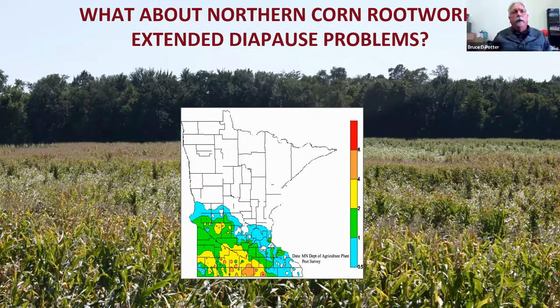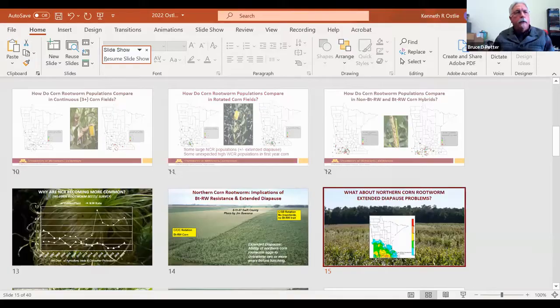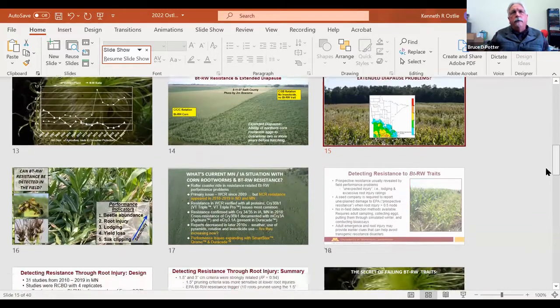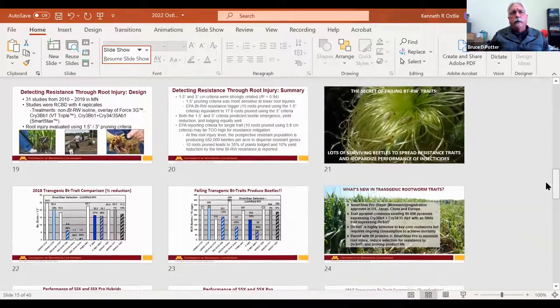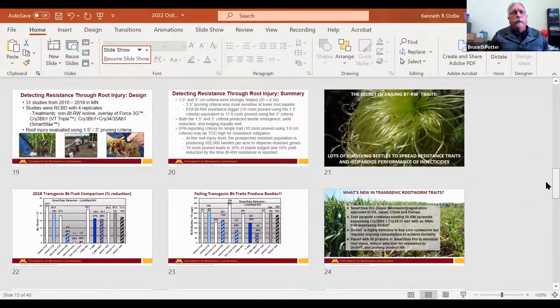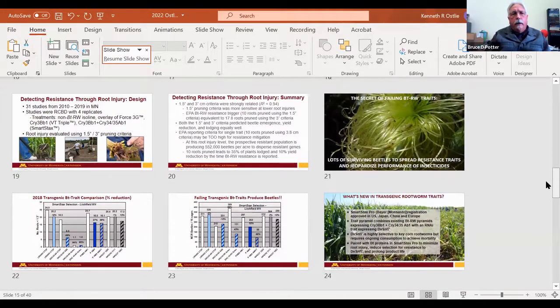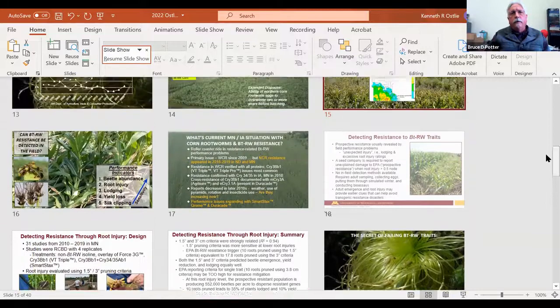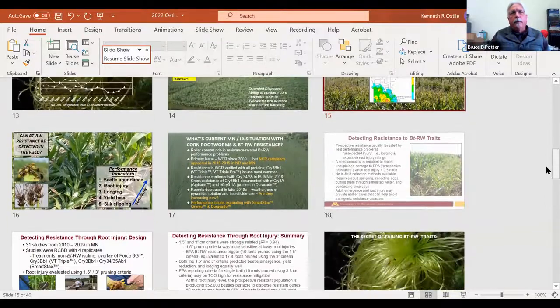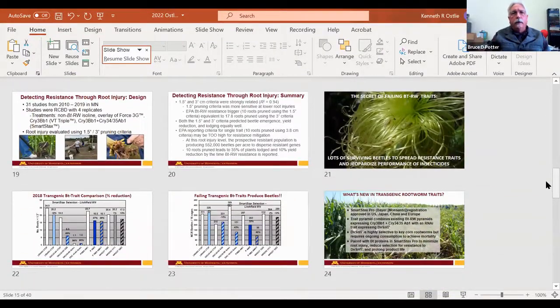Yeah, Ken, one thing I'd mention is that if you've got a year of soybeans in there, you should be fine for Westerns as long as you didn't have a lot of volunteer corn in there. What we are seeing is in these areas that have these real high rootworm populations, and they tend to be areas where the BT traits have been pretty well overcome.